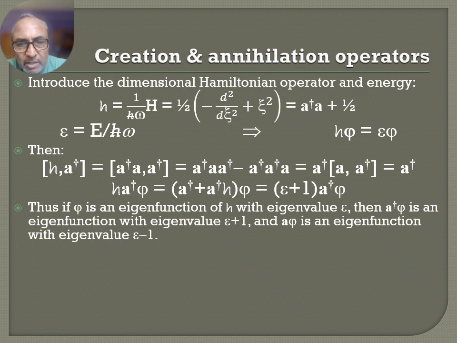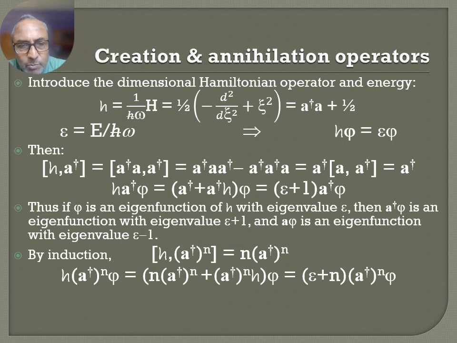So what A dagger does is that it increases the eigenvalue of small h by 1, and what A does is that it decreases the eigenvalue of small h by 1. Then by induction, similarly, we get the commutator of h and A dagger to the power n is equal to n times A dagger to the power n, from which it follows that small h times A dagger to the power n operating on phi is equal to epsilon plus n times A dagger to the power n operating on phi.